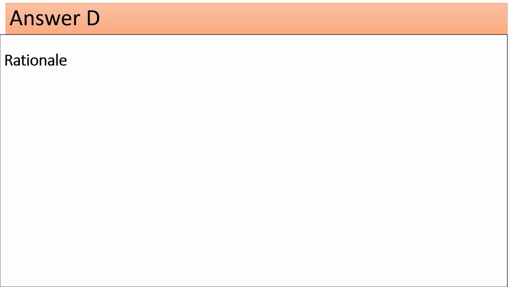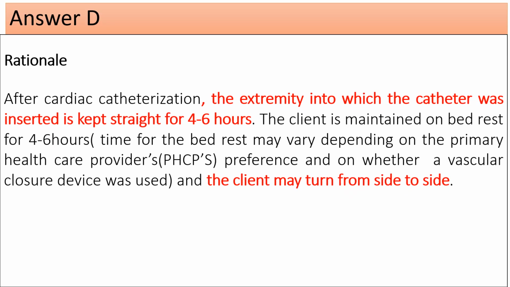The answer is D. After cardiac catheterization, the extremity into which the catheter was inserted is kept straight for 4 to 6 hours. The client is maintained on bed rest for 4 to 6 hours. The time for bed rest may vary depending on the primary healthcare provider's preference, or what he or she thinks the client needs, or whether a vascular closure device was used, like I mentioned during the lecture, and the client may turn from side to side.